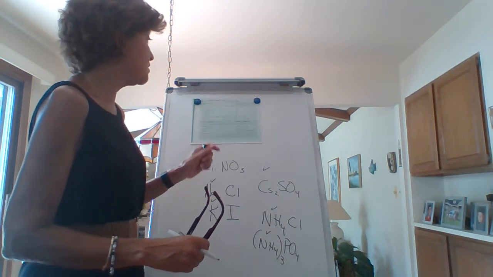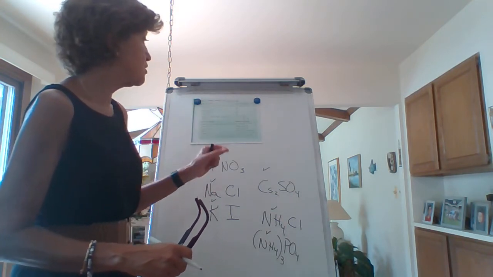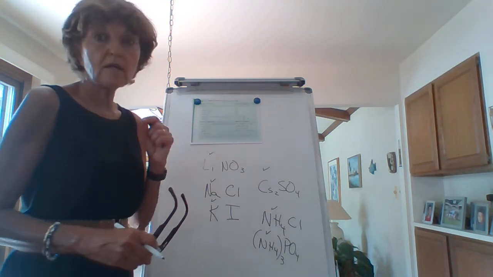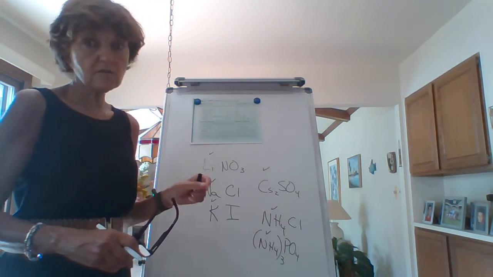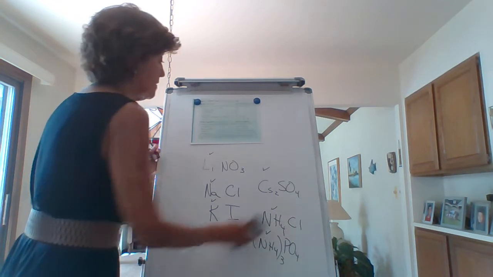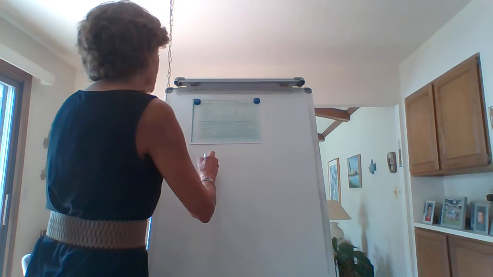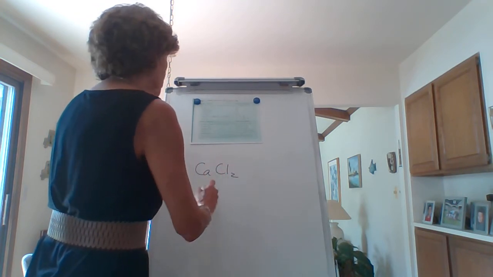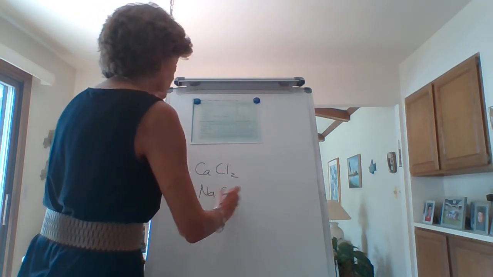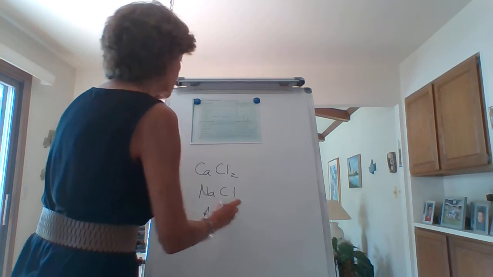If they're connected to silver, lead-2, or mercury-1, they're not soluble. So what do I mean by that? So if I have calcium chloride, sodium chloride, silver chloride.